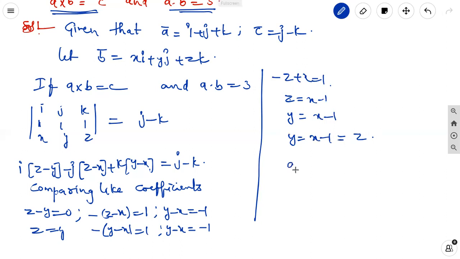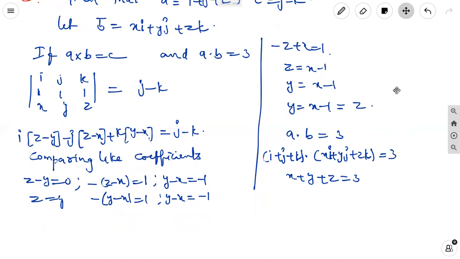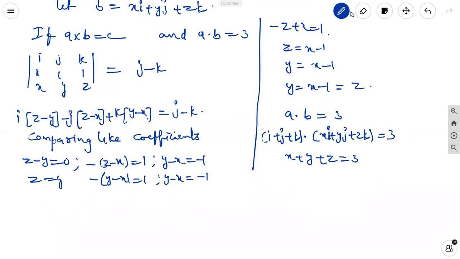Next thing is A dot B is equal to 3. What is A? I plus J plus K dot X i plus Y j plus Z k equal to 3. The dot product gives X plus Y plus Z is equal to 3. Here substitute the values.